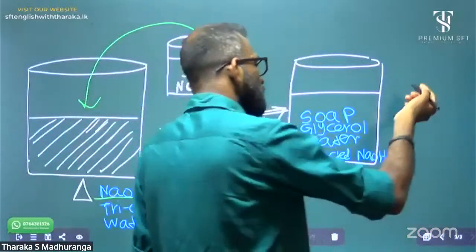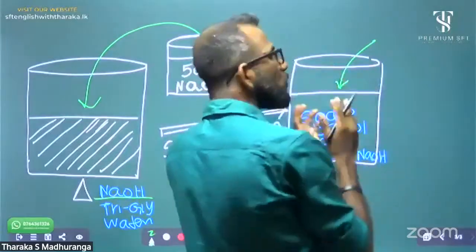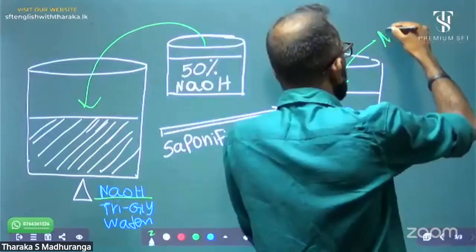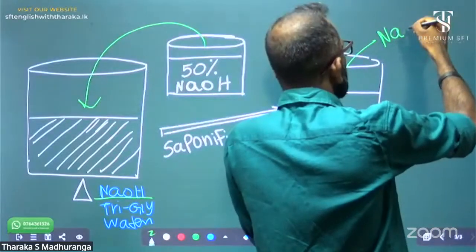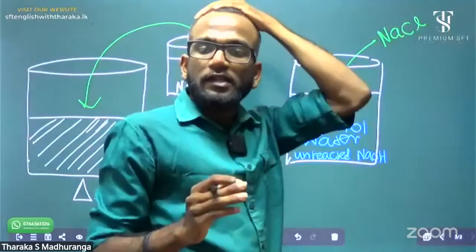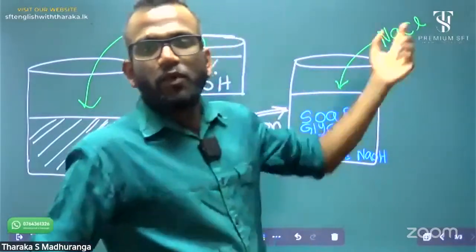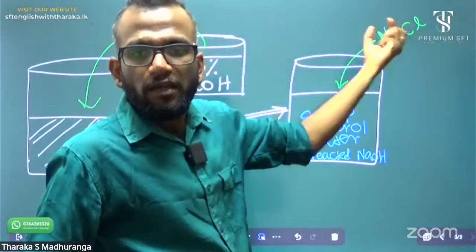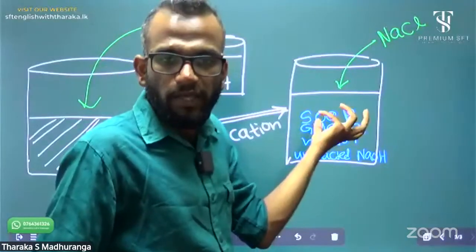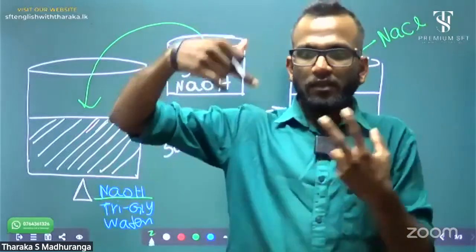After this saponification, we have to add sodium chloride here. For what? To increase the density of the glycerol. Sodium chloride dissolves in the glycerol layer, and it increases the density of the glycerol.